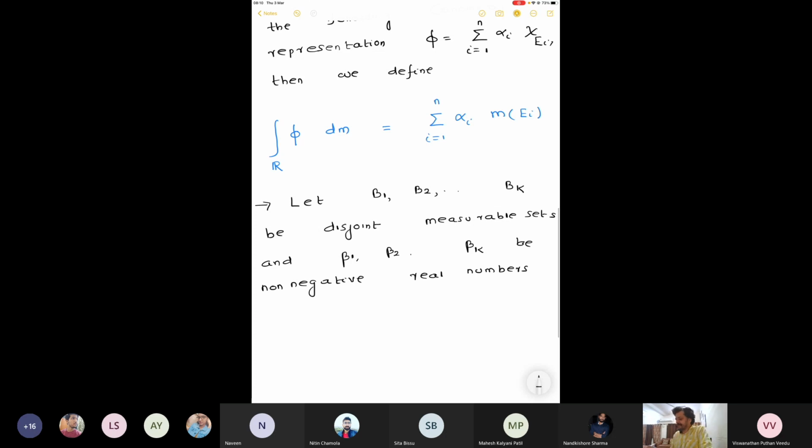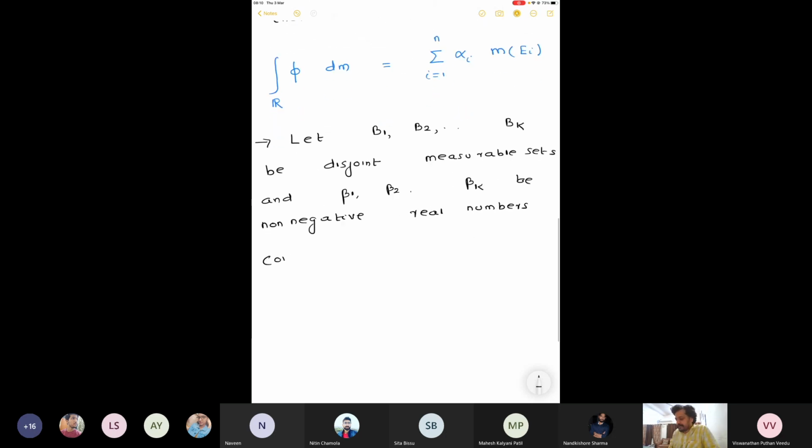Let us consider psi equal to summation beta i chi Bi, i equal to 1 to k. Psi is a simple function, but we don't know whether it is in canonical form, because we don't know whether beta 1, beta 2, etc., beta k are distinct.